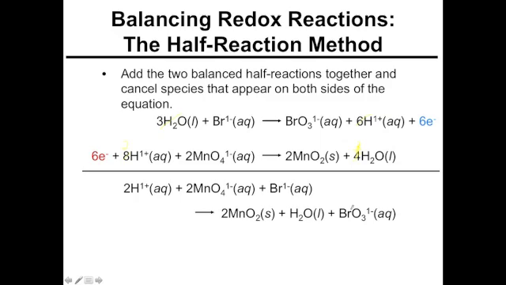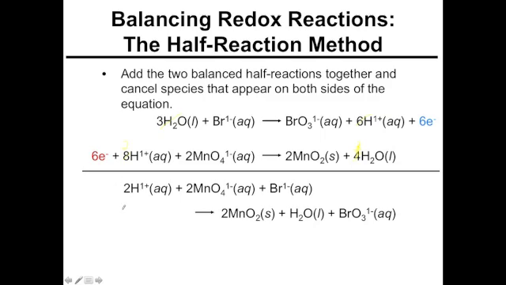But I have to do one more step because the question told me that this reaction occurs in a basic solution. If you notice, we have H+ ions, which of course represent that this is an acidic solution. So you cannot have H+ ions in your final equation if it occurs in a basic solution. So we have to get rid of those.